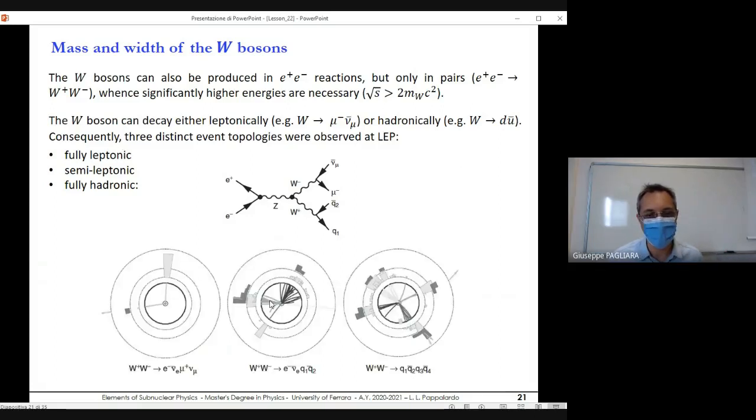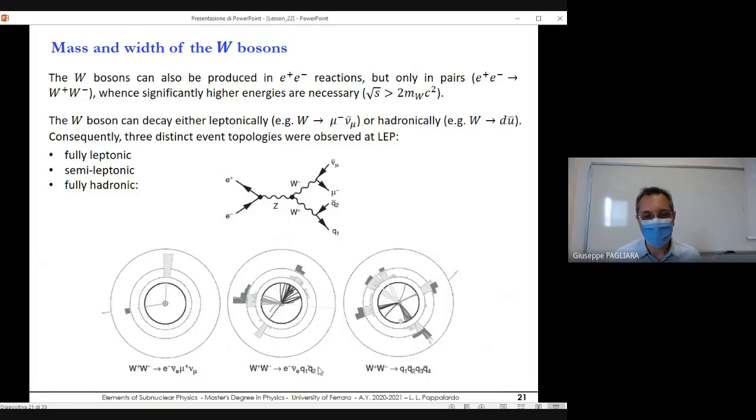As you see here, examples of these three types of events measured at LEP. So the first one is a pure leptonic decay. So both Ws decay into a charged lepton and a neutrino. The neutrinos, of course, are undetected, but you see here the release of some energy in the calorimeter by the electron and also by the muon, which is escaping here. The muon is much more penetrating, so it can reach the outermost layer of the detector.